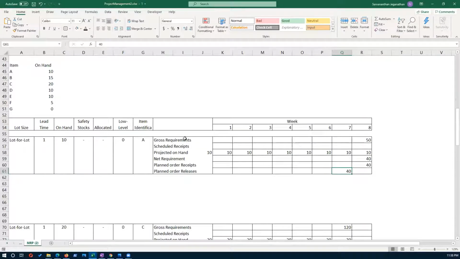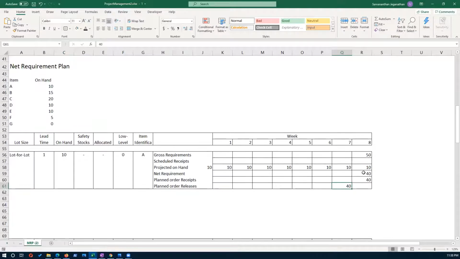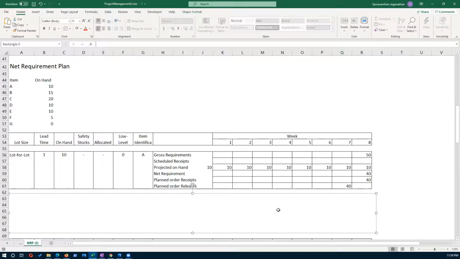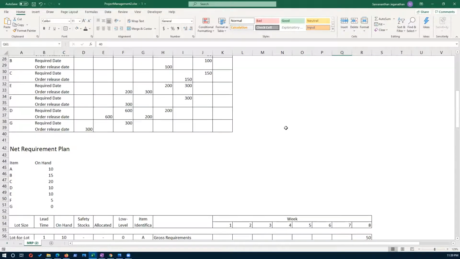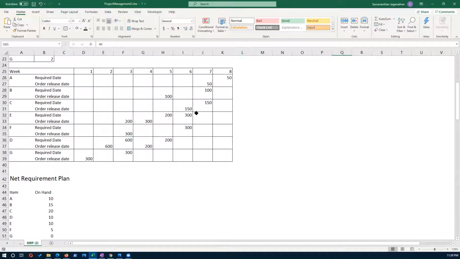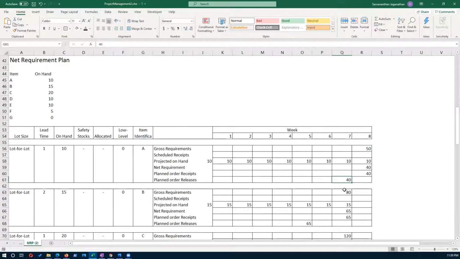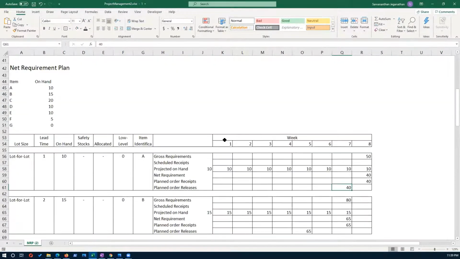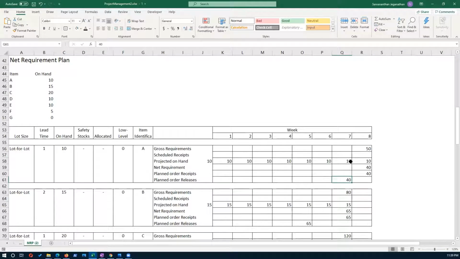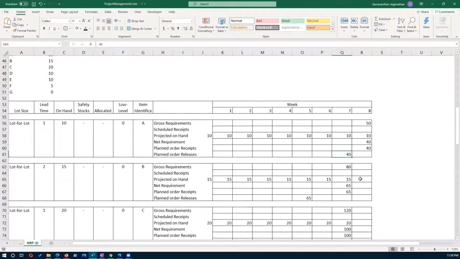That means we are only ordering what is required. Then, just like we did the gross requirements material requirements plan, we are going to work backwards now. Very similar logic, but the only thing is we are deducting the inventory in hand.